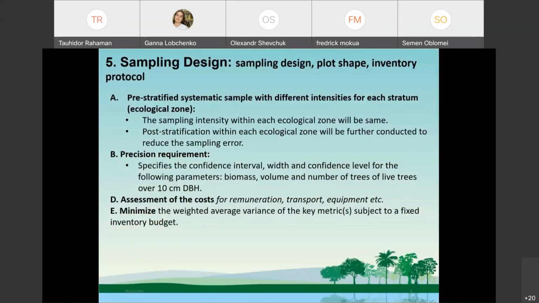Sampling design: the sampling intensity within the zone was the same. Each ecological zone was further stratified to reduce the sampling error. We also considered the precision requirement, assessment of cost for remuneration, transportation, and equipment, and minimized the weighted average variance of the key metrics subject to a fixed inventory budget.